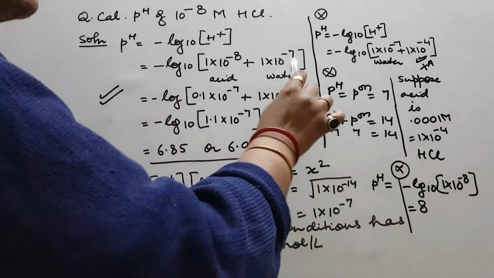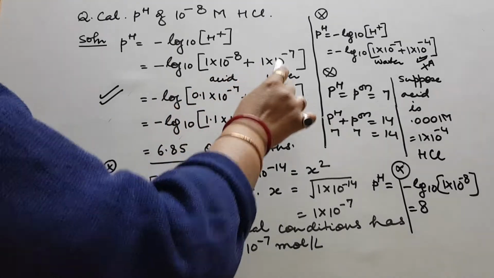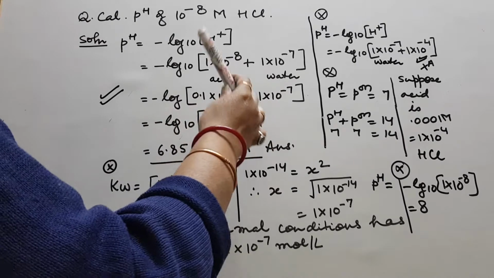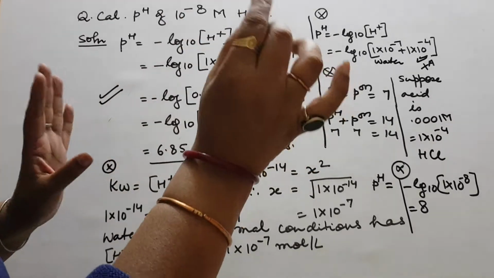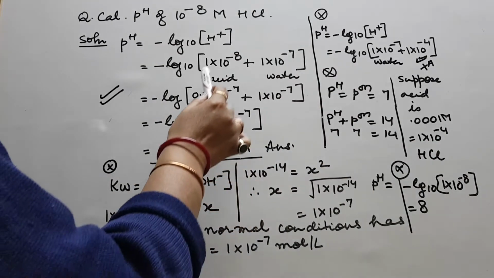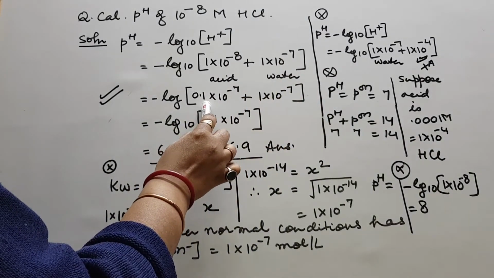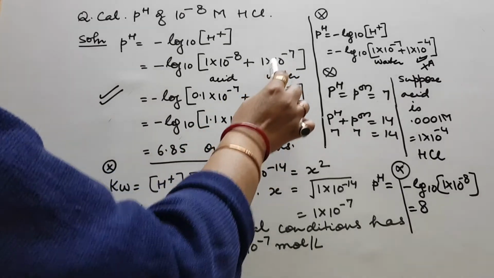Now after this, chemistry is over. So this is there, this is there. Now your calculation. So children, after this step, chemistry is not there, it's you and your calculation. So to bring them to the same power level, I said 0.1 into 10 to the power minus 7, and this is 1 into 10 to the power minus 7.